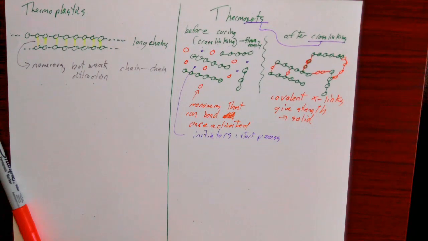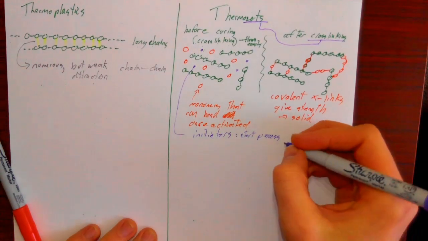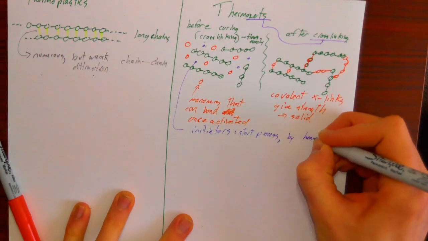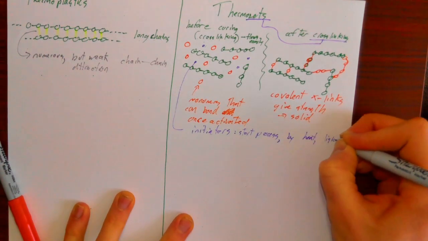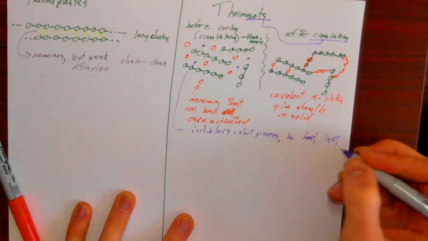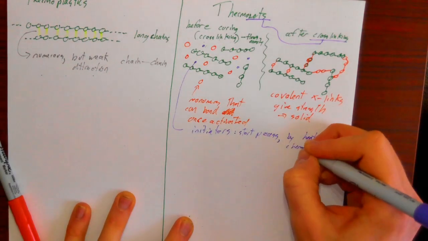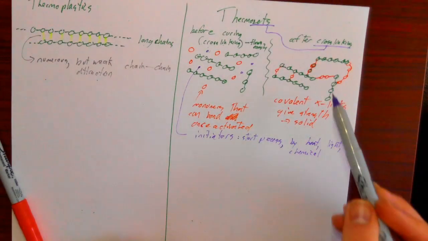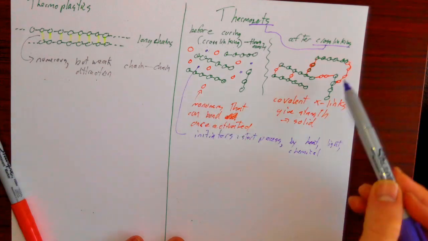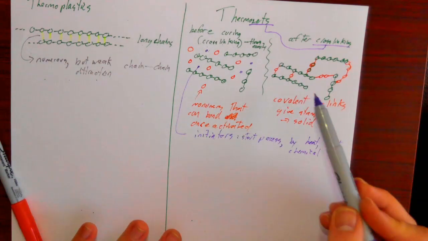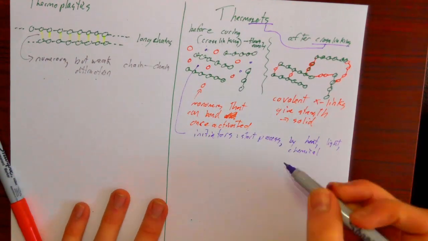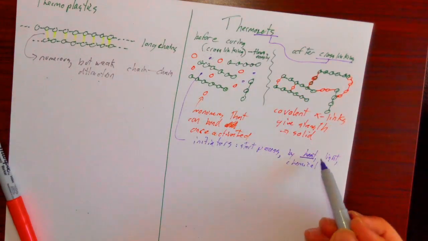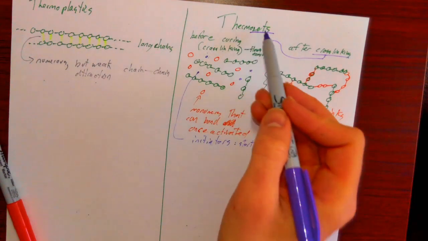And these initiators start the process, and they're activated by heat or light, or maybe some chemical present. The very first types of thermosets were set by heat. So the heat starts the initiator, and that's why they're called thermoset, because heat started the setting process.